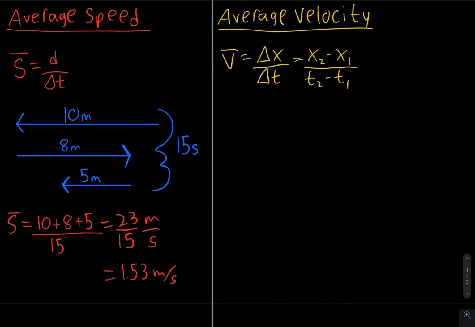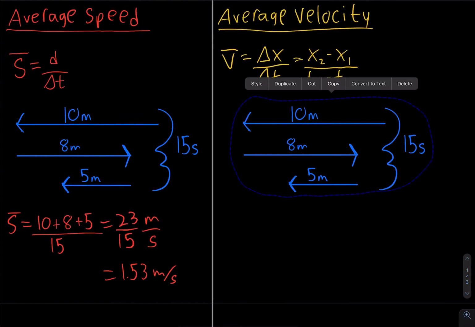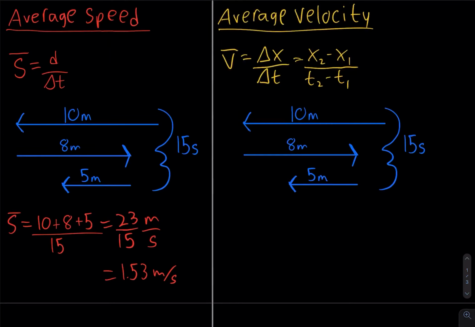So now let's look at the same example and calculate our average velocity. So the exact same example, but we want the average velocity now. Well, my average velocity is going to be my displacement. And notice we have to take into consideration direction here. So remember in the last video we defined right hand motion to be positive and left hand motion to be negative.